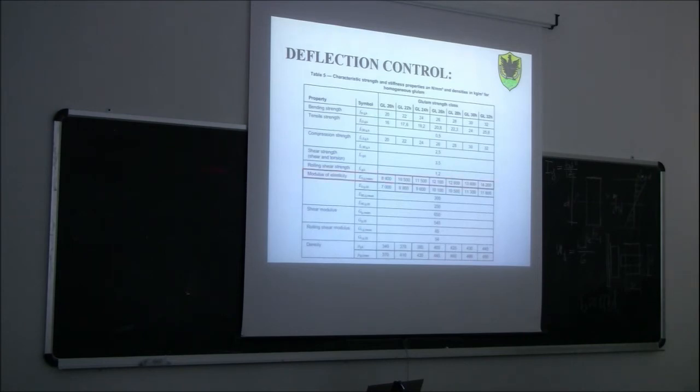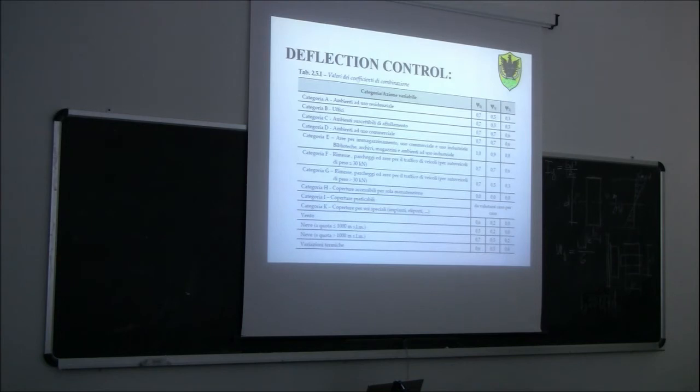So, modulus of elasticity for GL28H is 12,600 megapascal, so Newton per square millimeter. Then the shear modulus, also here we need to use the mean value, which is, you see, 650 megapascal again, so Newton per square millimeter.